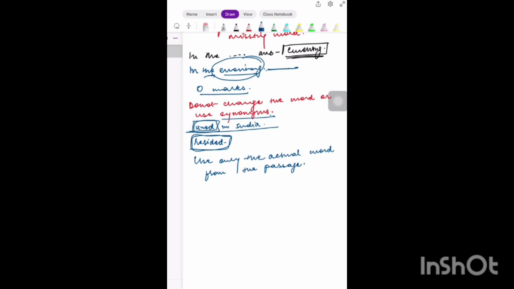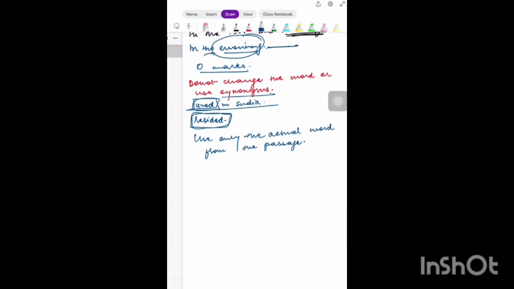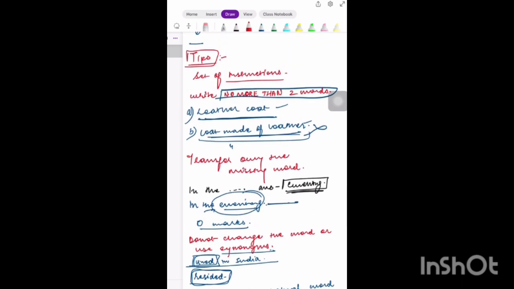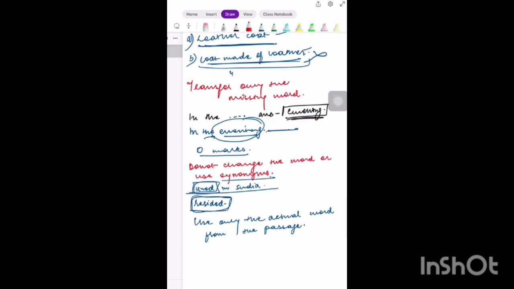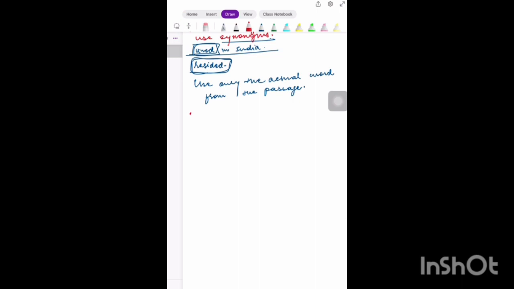Now, if I say no more than 2 words, this is the extension of this first step. If the passage says write no more than 2 words, can I write 2 in the answer? Can I write these 2 things in the answer, like 2 as a number or 10 as a number?